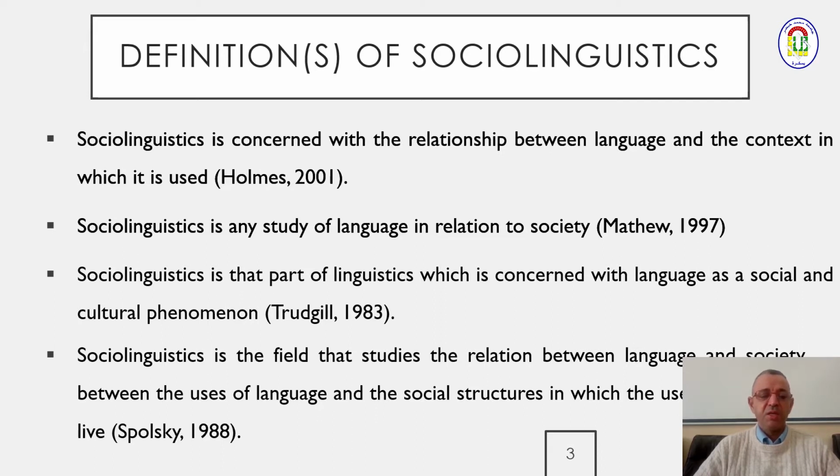Trudgill 1983 defines sociolinguistics as the part of linguistics which is concerned with language as a social and cultural phenomenon. For Spolsky 1988, sociolinguistics is the field that studies the relation between language and society, between the uses of language and the social structures in which the language is used.